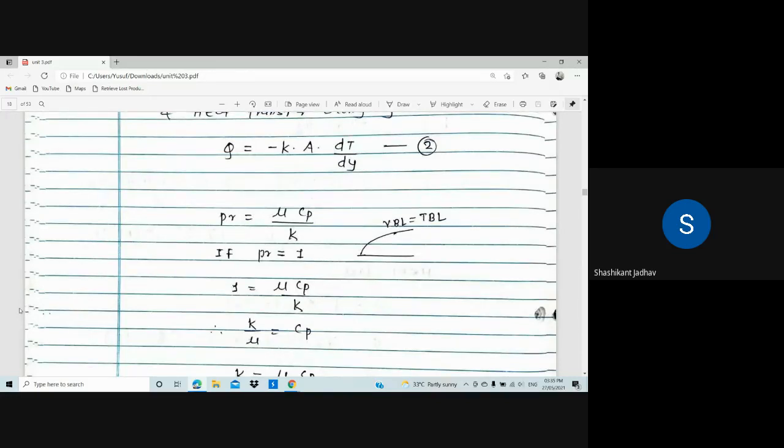And as we know, what is the equation for the Prandtl number? Prandtl number is nothing but mu Cp by K. So all of you write down the standard equation of the Prandtl number.